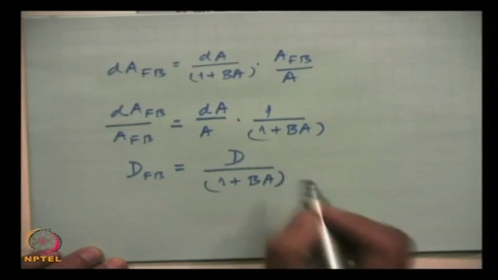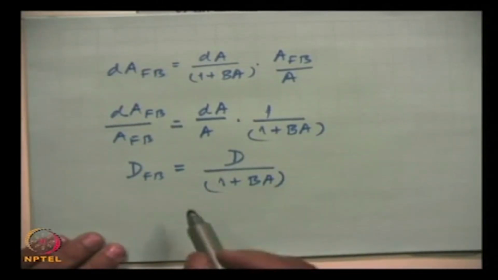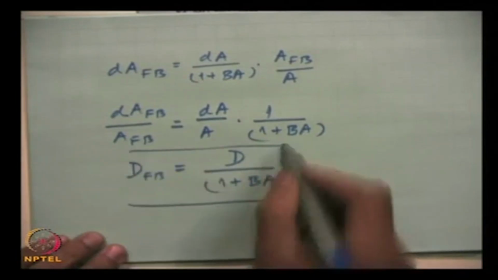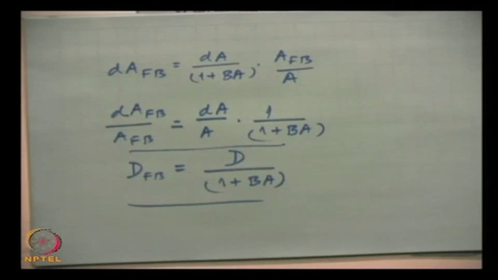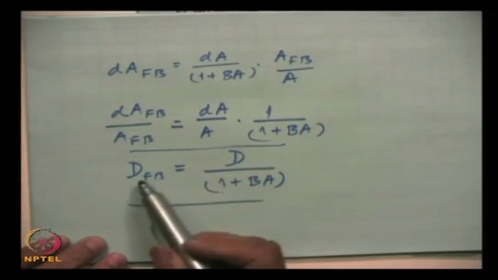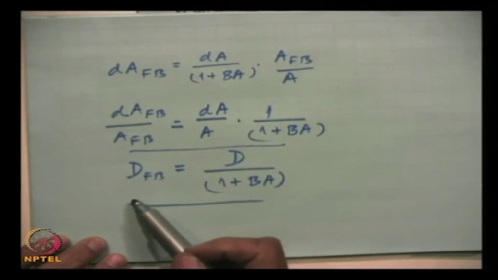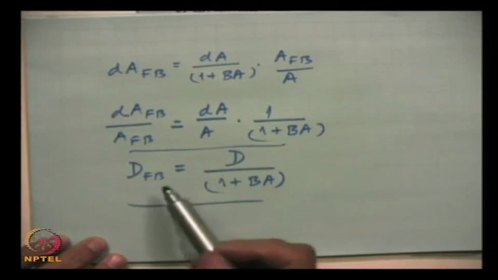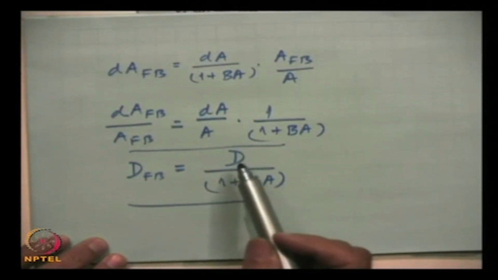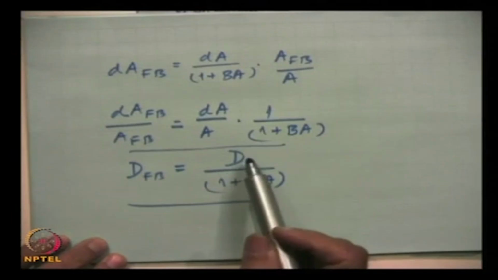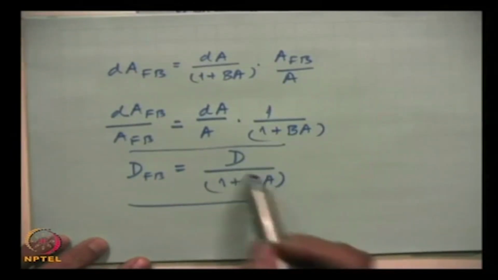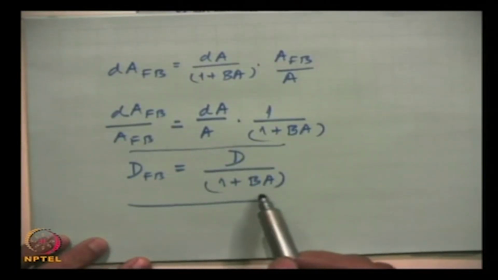This is the expression which shows that the nonlinear distortion in an amplifier with negative feedback can be reduced over the nonlinear distortion of open loop amplifier by a factor 1 plus BA.